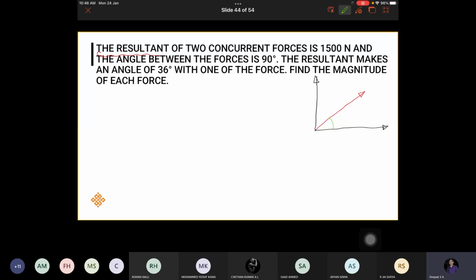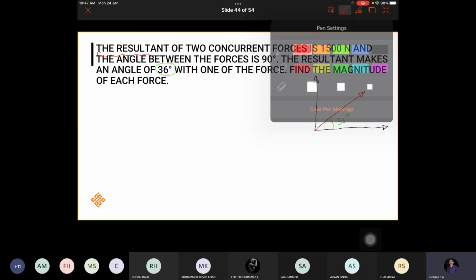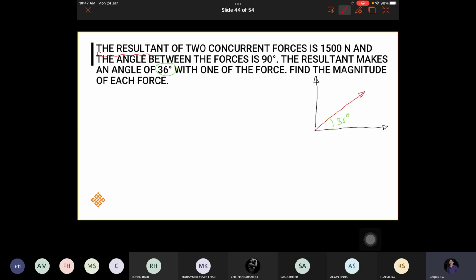The angle between this resultant and this one is 36 degree, so you can write 36 degree here also. Accordingly you will get the answer. Let us call the resultant F. This force we'll call Fx because it is the x component, and here we'll call it the y component.